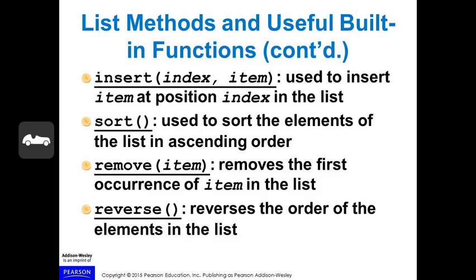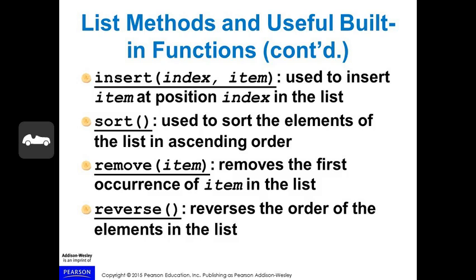No exception will occur if you specify an invalid index. If you specify an index beyond the end of the list, the item will be added to the end of the list. If you use a negative index that specifies an invalid position, the item will be inserted at the beginning of the list.